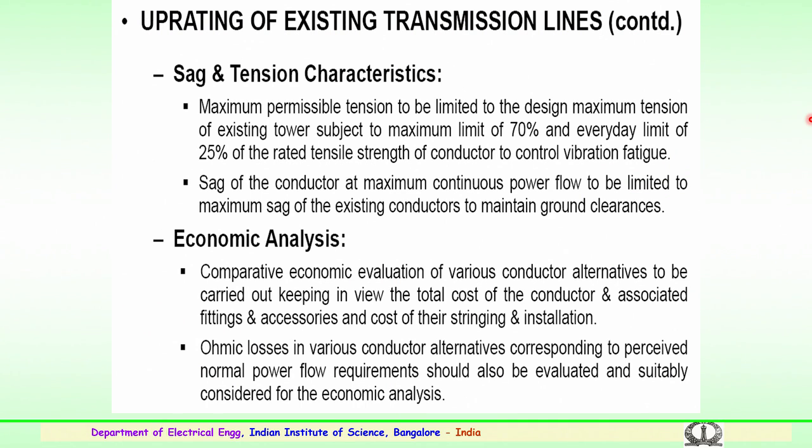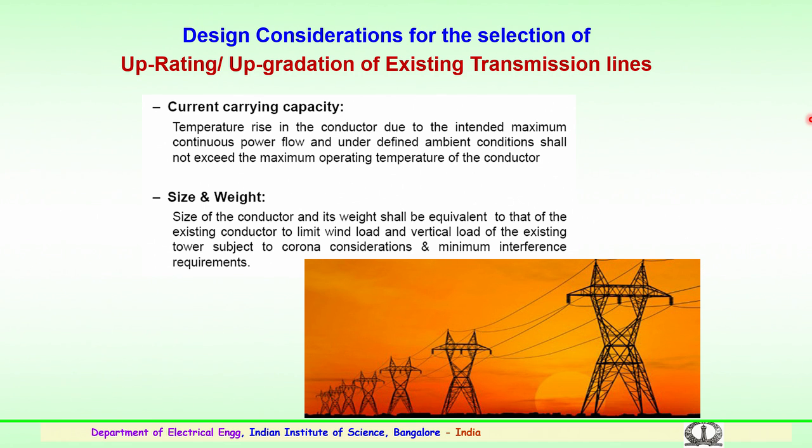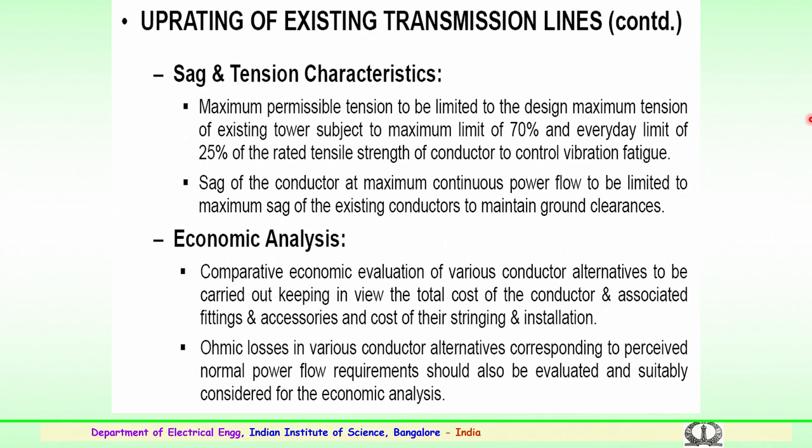So, the uprating or upgradation of the existing transmission lines is very important. Considering earlier aspects like the current carrying capability, size and weight, now the sag and tension characteristics also have to be considered.